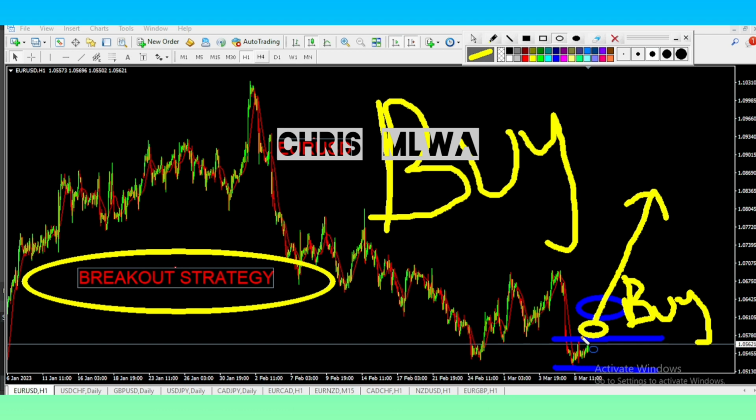Even since last year, the USD has not been that strong. It has not been that monster to other currencies, especially strong currencies like GBP and the euro. It has been killing the Australian dollar, which has not been that strong.